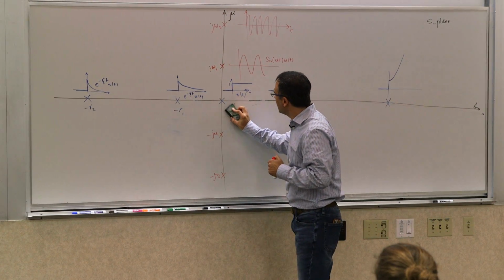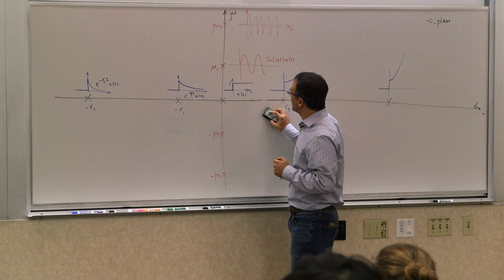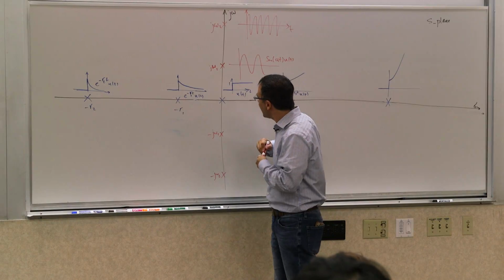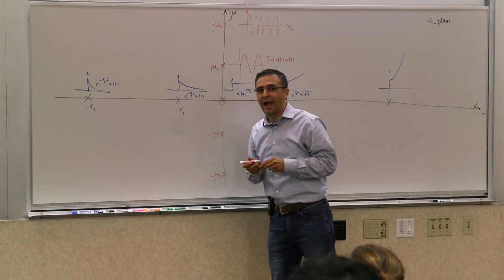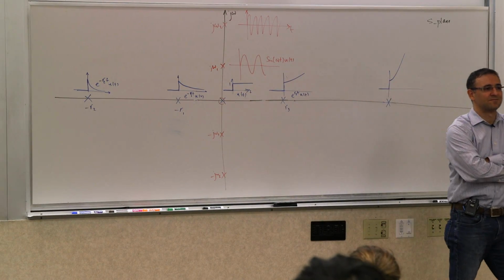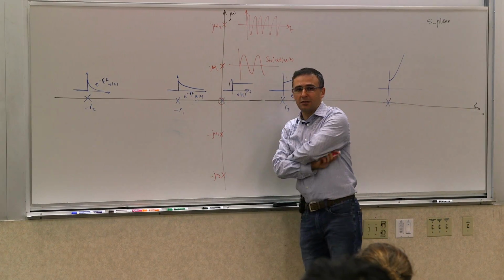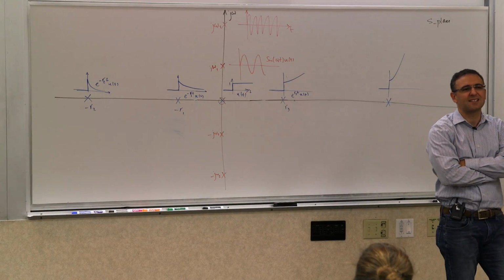Now, you say, wait a second, I can actually make it a little bit more interesting. Let's say you have this system plus a 0 at the origin. So the system has these two poles and a 0 at the origin. What is the response of that system?